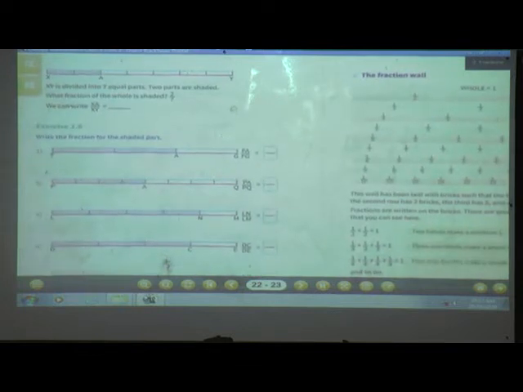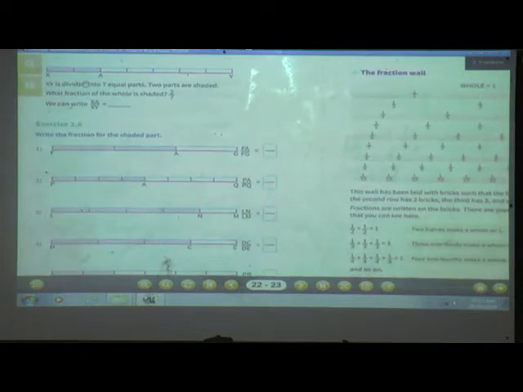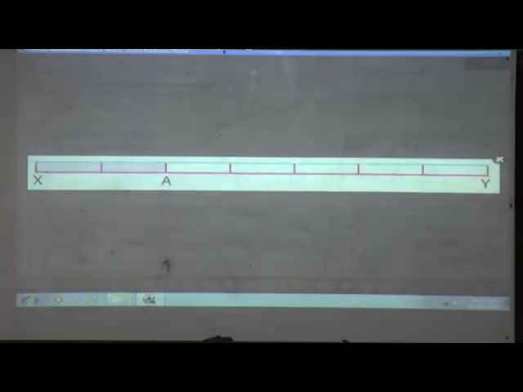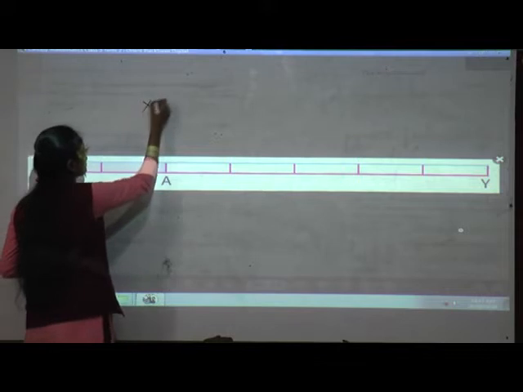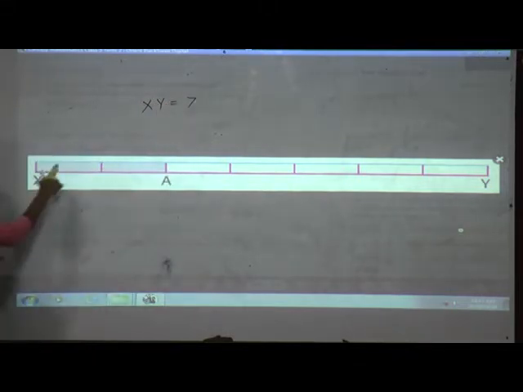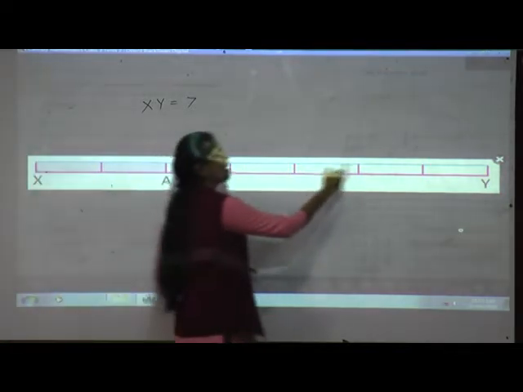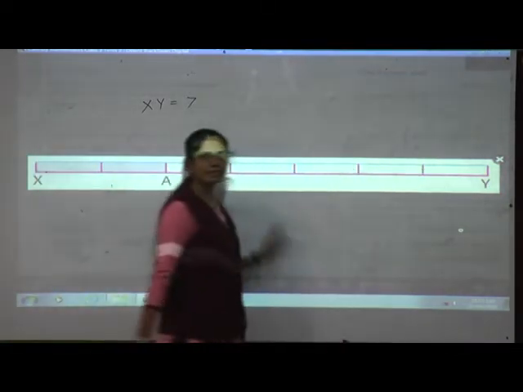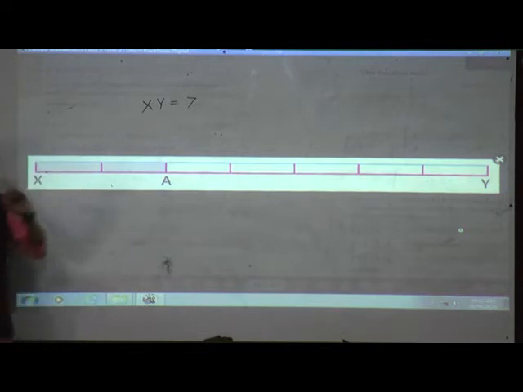There is one more example given to us. See here, XY. This XY is divided into how many equal parts? Let us count. 1, 2, 3, 4, 5, 6, 7. XY is divided into 7 equal parts.